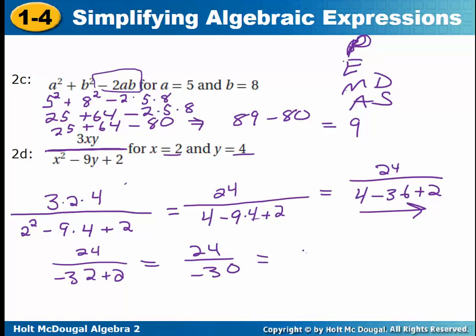And then your very last thing you need to do is simplify this, because this is a fraction and it's not simplified. So we'll divide both of those by 6, and we'll get negative 4/5. The negative can be just out front. That one was a lot of steps.